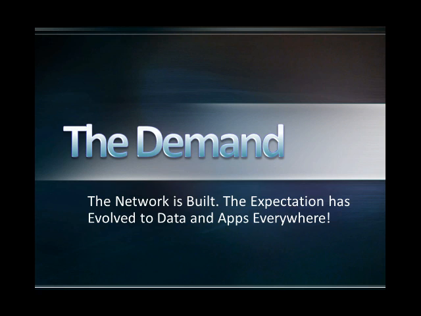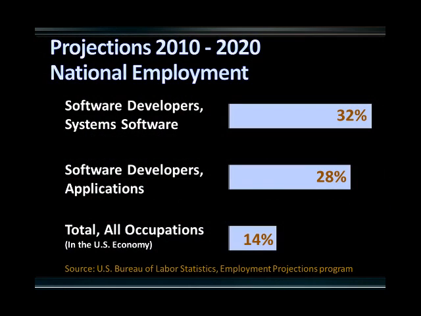Great. Thank you, Keith. I'm just going to spend a few minutes talking about some of the factors that are contributing to the demand for software developers. One source commonly used to measure the supply and demand of talent is the U.S. Bureau of Labor Statistics.